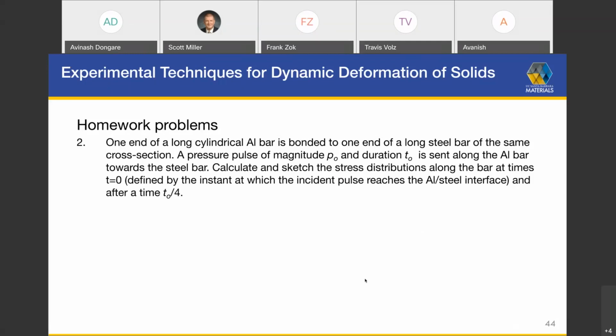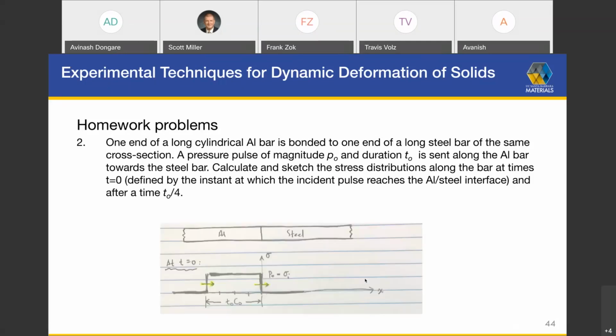So the thing to recognize here is you're going to have to consider both stress reflections and stress transmission at the interface. Because you have two dissimilar materials, you will have dissimilar acoustic impedance, and so the stress will not pass through that interface unchanged.